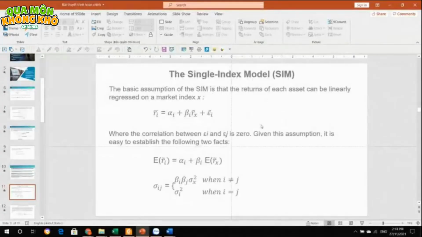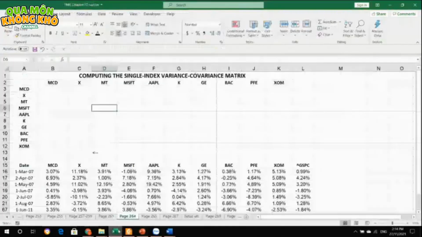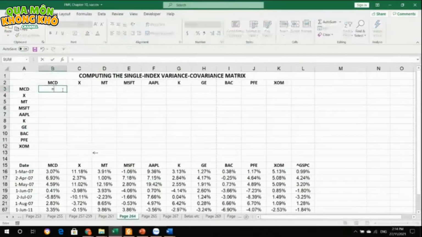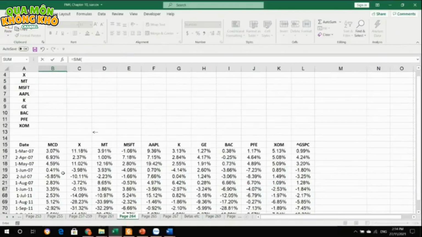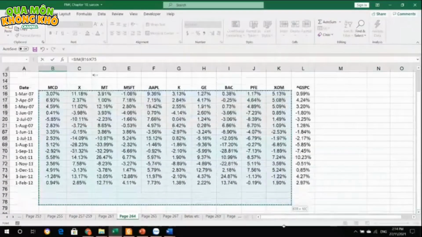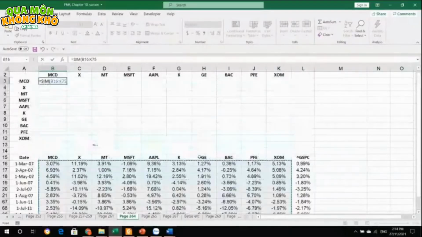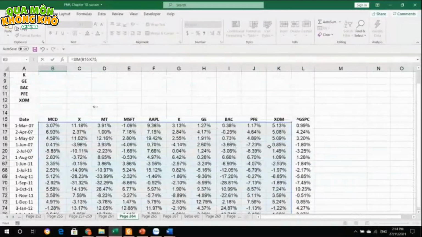For this single index model, we can calculate it easily by using the formula here, which represents the single index model. We put in the data from the returns and the return of the market.